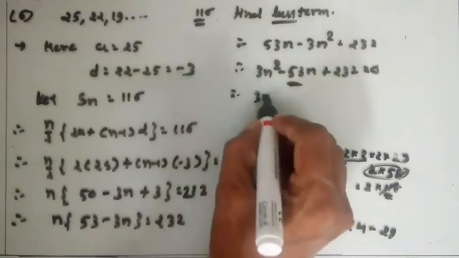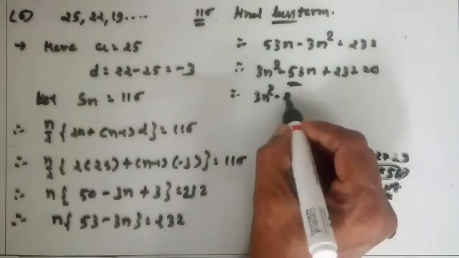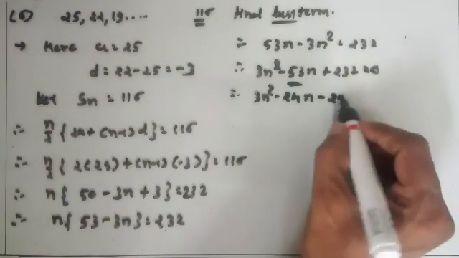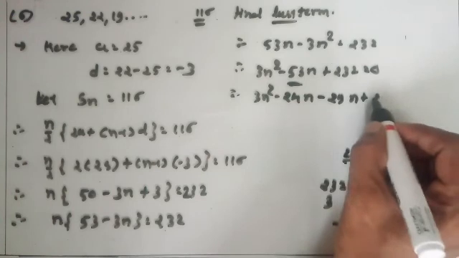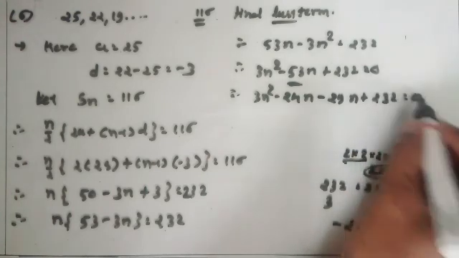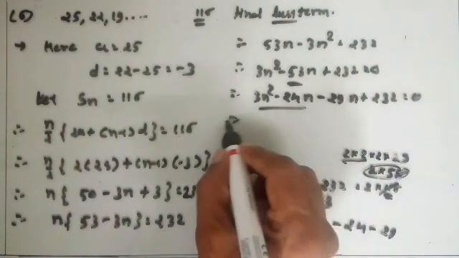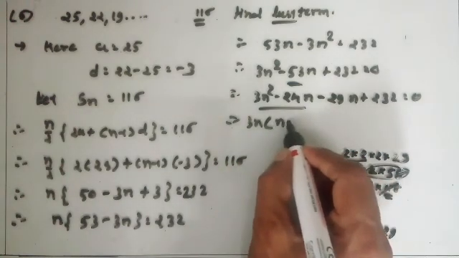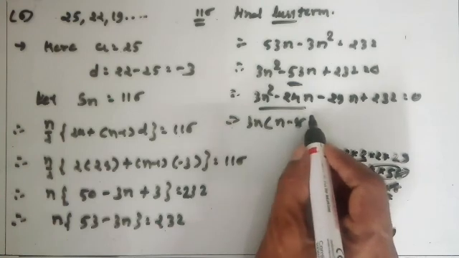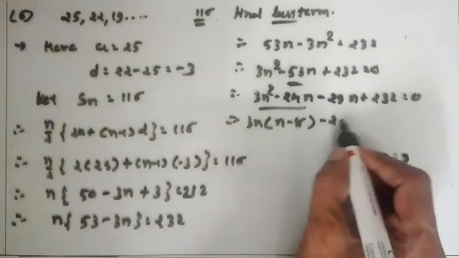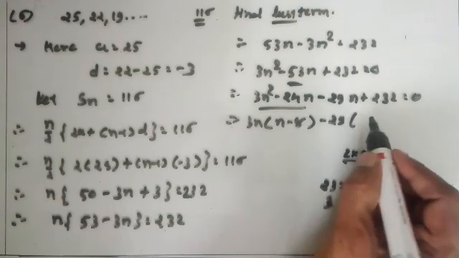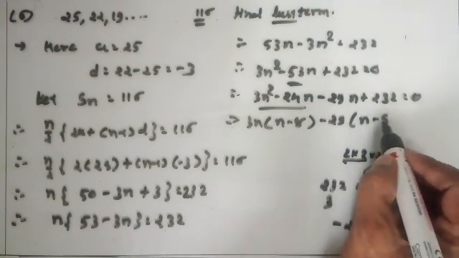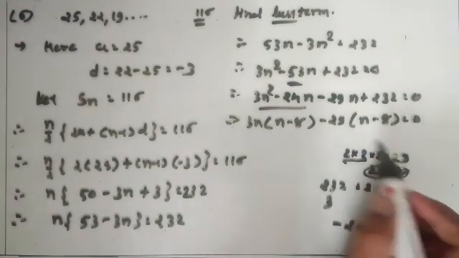Therefore 3n square minus 24n minus 29n plus 232 is equal to 0. Now 3n taken common from the first two terms, so here we get n minus 8, 3, 24. Minus 29 taken common from the last two terms, we get n minus 8 is equal to 0.